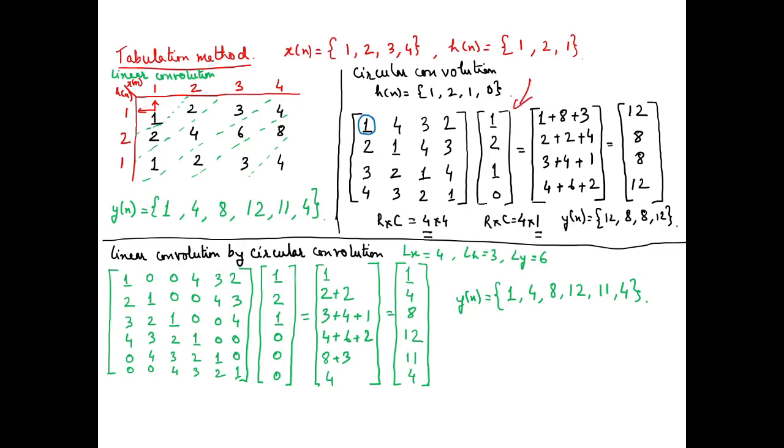However, if I say that you find the output of an LTI system, then you have to find Lx, Lh, and then Ly, and using this Ly, equal to 6 or whatever number you get, you have to pad both the signals such that you get to this magic number of Ly.